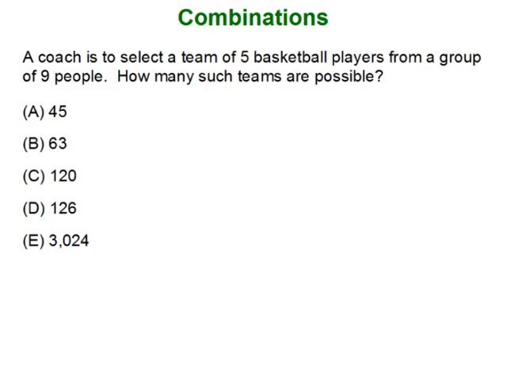Imagining yourself as the coach of this basketball team is one way to approach this problem. You're a coach, you have 5 slots to fill, and think about making the selection of each player for each slot. So put that on your paper, literally with the slots.